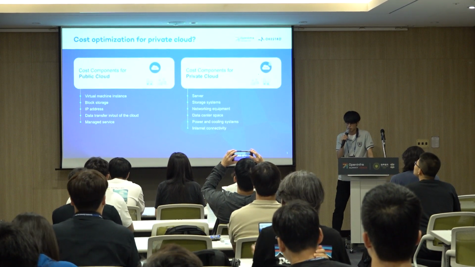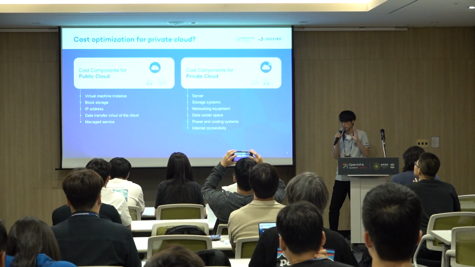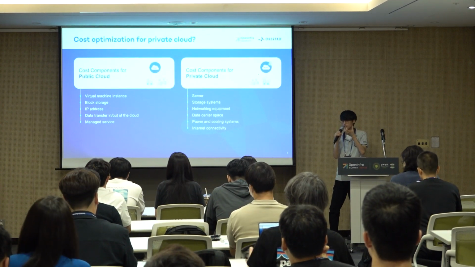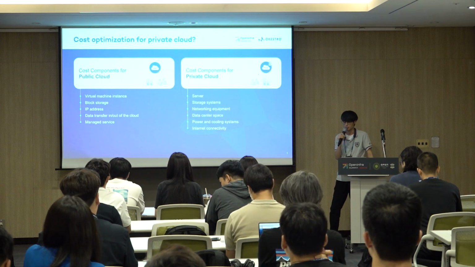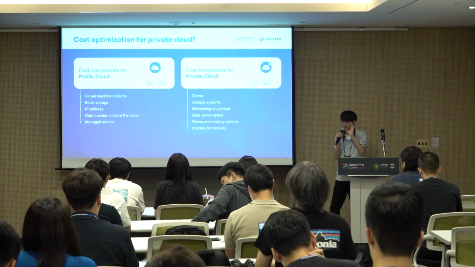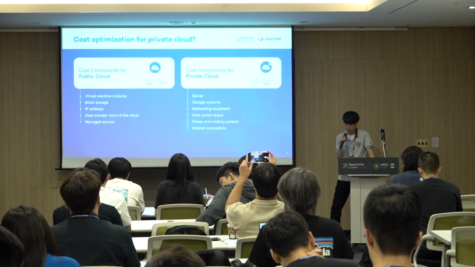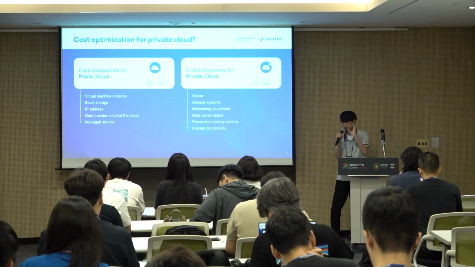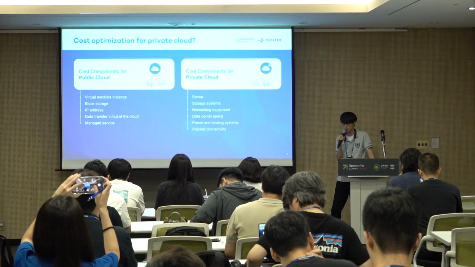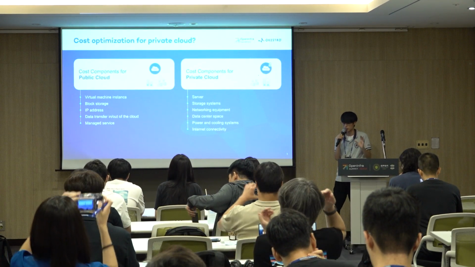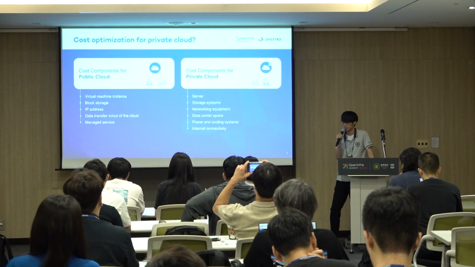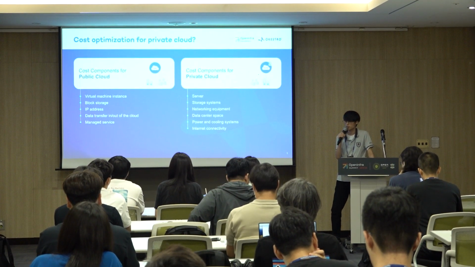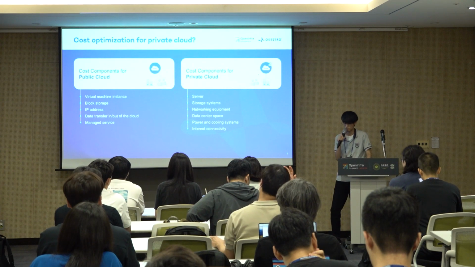As you know, the private cloud cannot immediately reduce the number of servers. Additionally, cost factors such as colocation cost or electricity cost are charged, even though public cloud is not. But these are very important cost factors in private cloud.